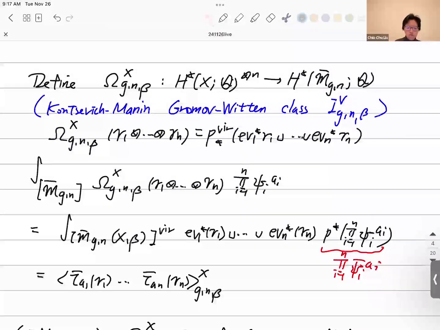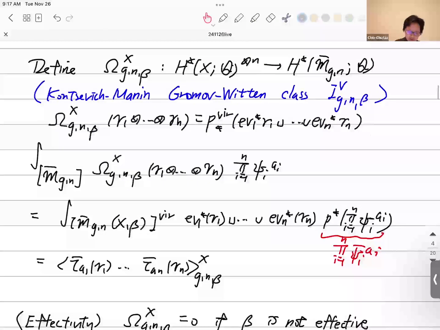So this is the Kontsevich-Manin Gromov-Witten class. In their paper it is denoted I, and the target is called V. So we will use omega. So we define omega upper X, lower g,n,beta.